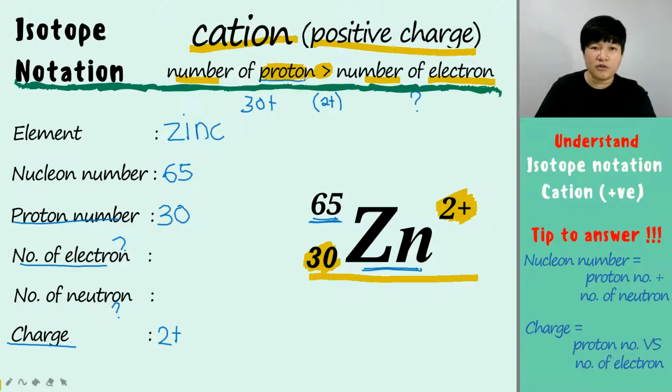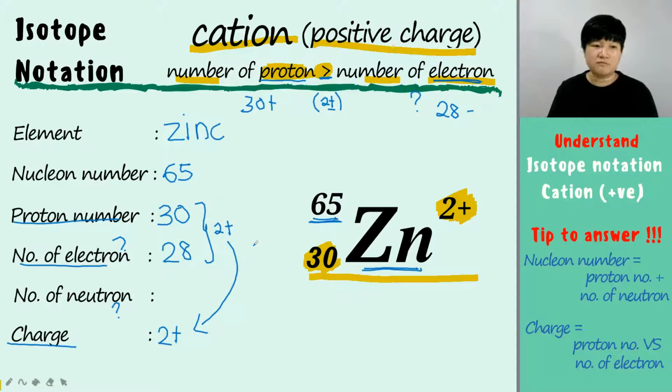The number of proton must be more than the number of electron by 2. Therefore, the number of electron is 28. You can see the difference between that is 2 positive. Proton 30, number of electron 28, so you give rise to your charge 2 positive.